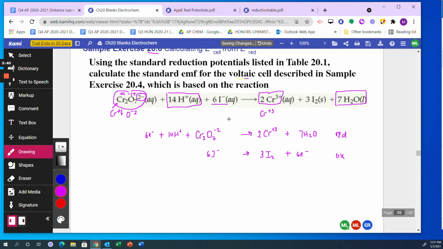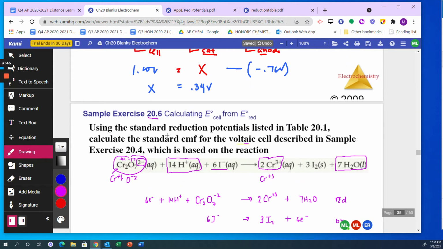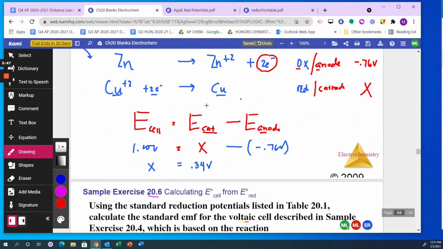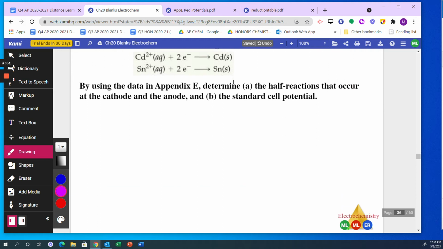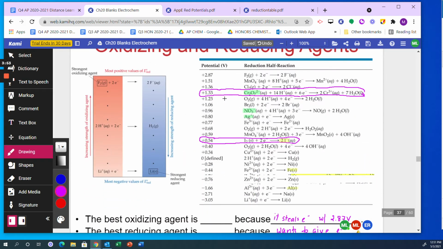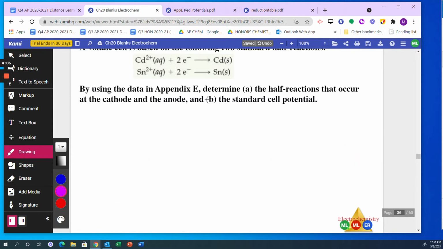The next thing I'm going to do to get the voltage of the cell is to look up in the chart the potential for the reduction of Cr2O7, which is given here. So it's the reduction. This is a reduction chart, so all the reactions are written in a reduction format. So the reduction of this is positive 1.33 volts.